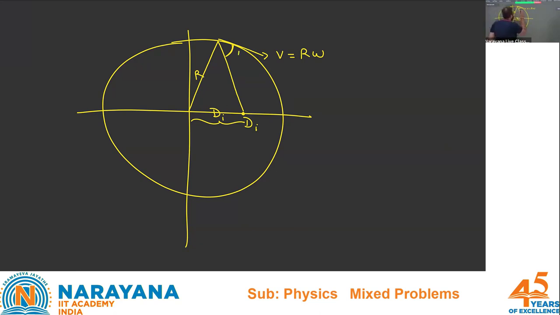So if this angle is alpha, the apparent frequency this inside person receives is f actual, f upon c minus v cos alpha. Now this angle is 90, so this will be 90 minus alpha.